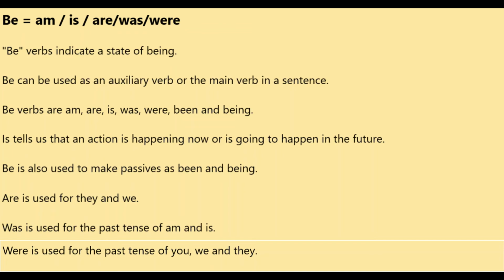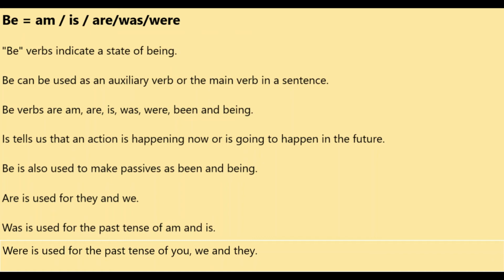Are is used for they and we, that is plural. Was is used for the past tense of am and is. And were is used for the past tense of you, we, and they, or the plural of was. So that is all about be family verbs. So you know there are 7: am, is, are, was, were, been, being.